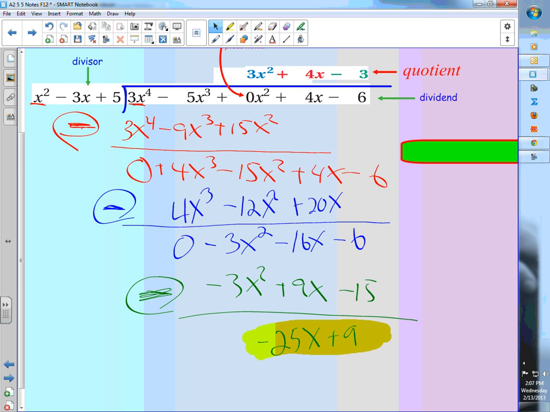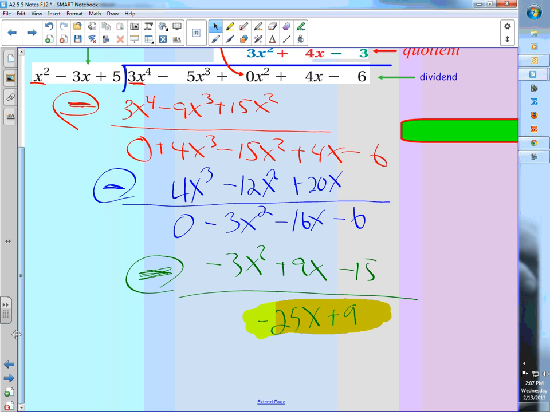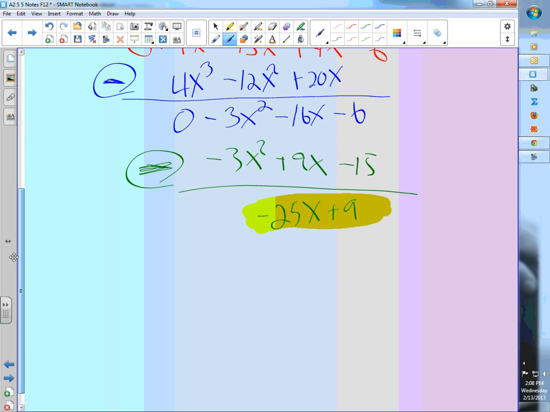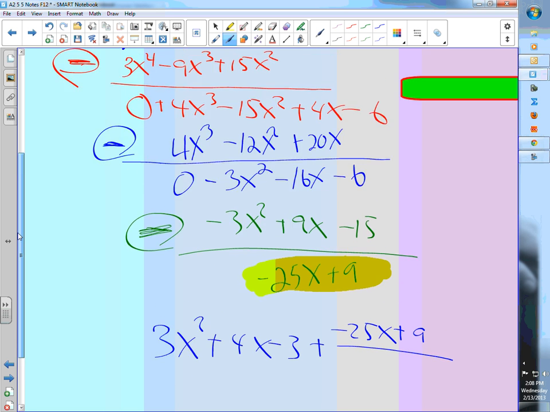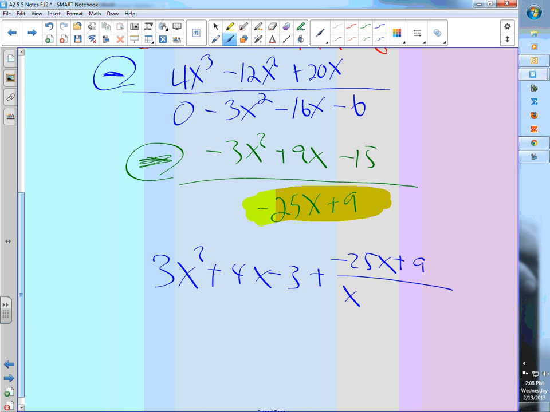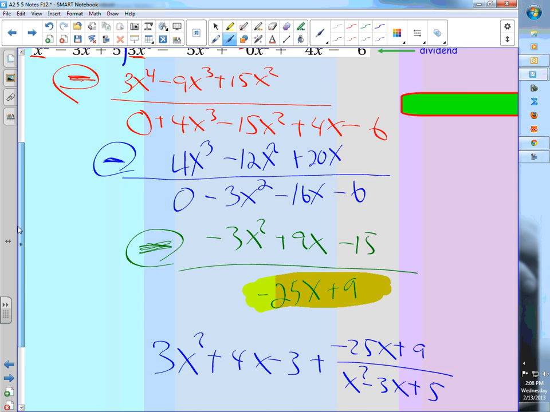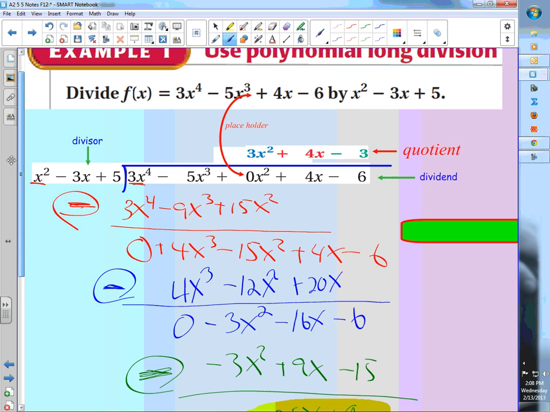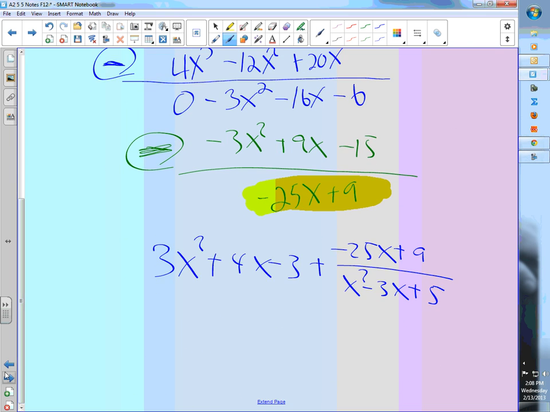If you wanted to find out what you get when you divide, you would literally write out the quotient, 3x squared plus 4x minus 3, plus the remainder over the divisor, x squared minus 3x plus 5. But what they're really asking you for here is to find the quotient. If that's all they want to know, you stop here. If they ask you to divide, this is how you write your answer.